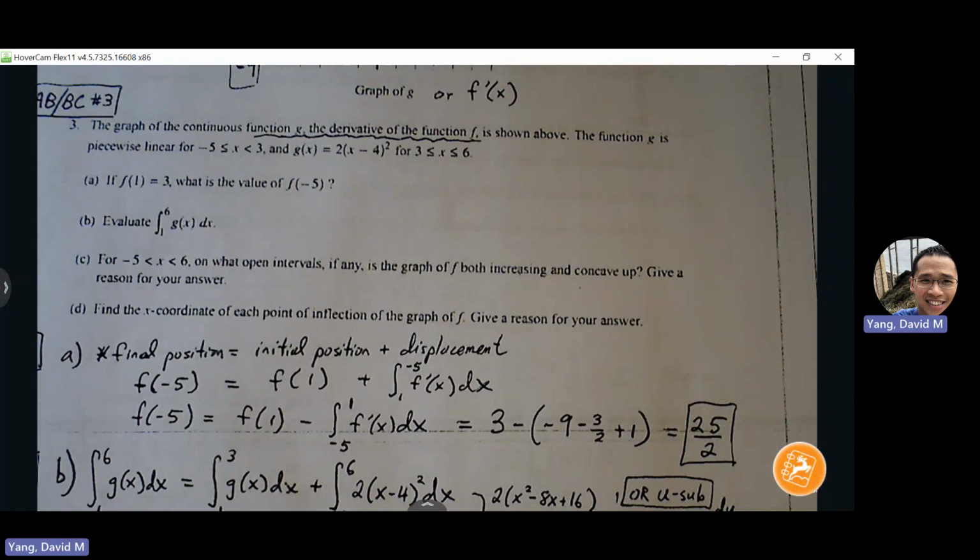And we have f prime at our disposal, so I have an initial position, and I can find the displacement at -5. Careful though, we're starting at 1 because that's what they give us, but we're going backwards. So initially you set up with you're starting at 1 and you're ending at -5. So it's backwards, but this is how you want to set up at the beginning.